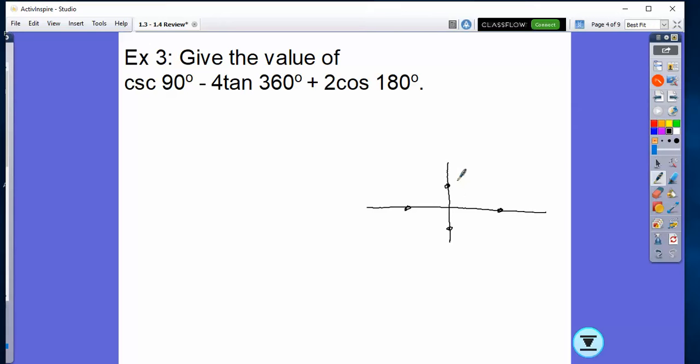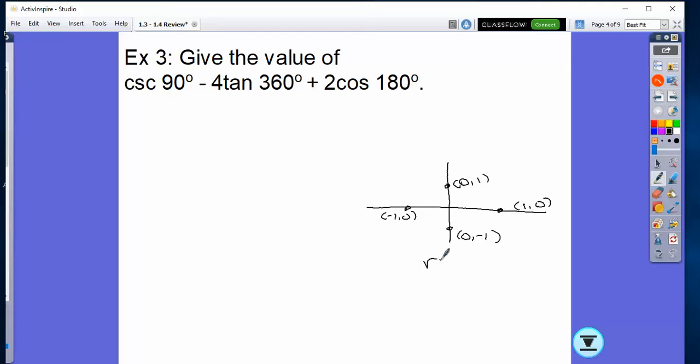At 90, what would this point be? x is 0, y is 1. What about at 0? x is 1, y is 0. What about at 180? And 270? Does everybody know how we get all those?